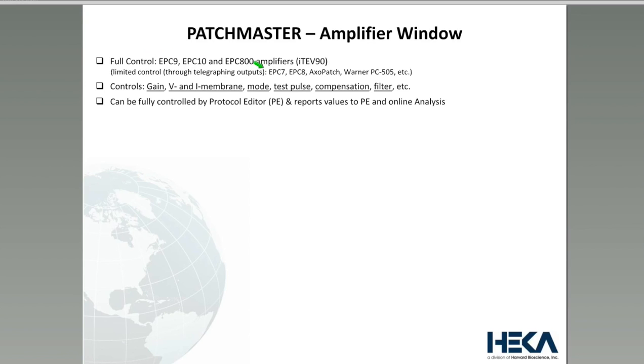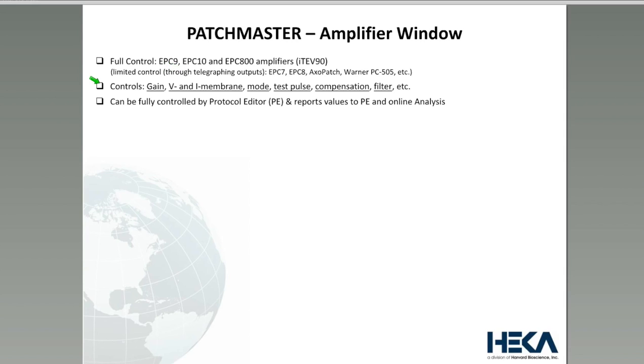In addition to that, I would like you to note that you also have limited control over amplifiers like the EPC7 and EPC8, as well as the AXOPatch 200B and Warner amplifiers. Important to note here, for this limited control to work, PATCHMASTER needs the amplifier to have telegraphing outputs.